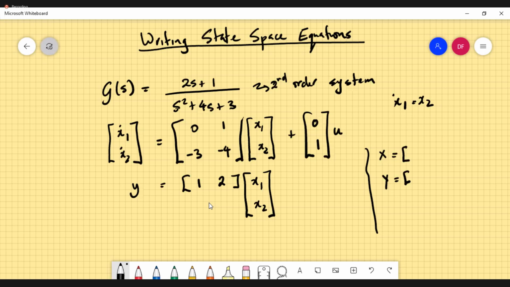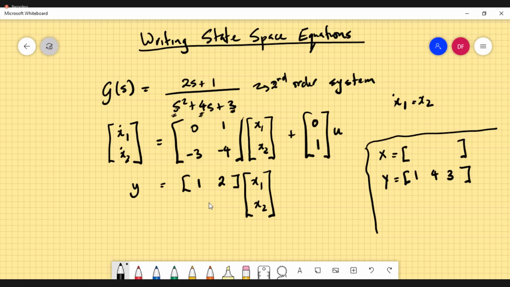If we are using MATLAB, what we are going to ask you to do is this: the Y is going to represent the coefficients of the denominator, so the coefficients in your denominator are 1, 4, and 3.